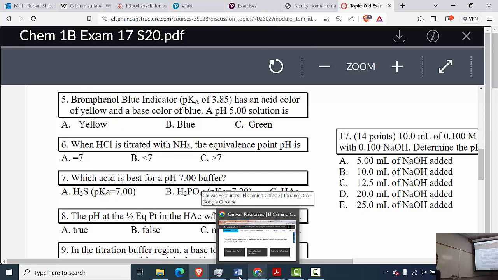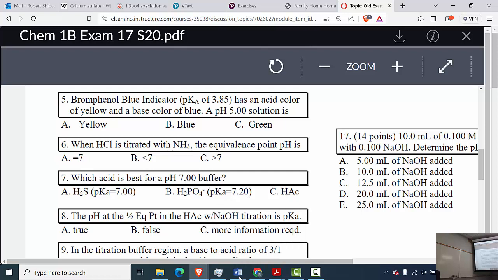But the trick with the Ka is, if the Ka were very small, like 10 to the minus 12 or 10 to the minus 14, then we wouldn't really consider it. When you think about water, is it very acidic?